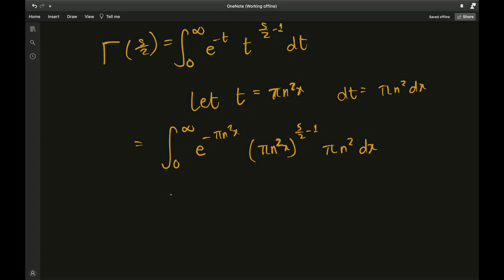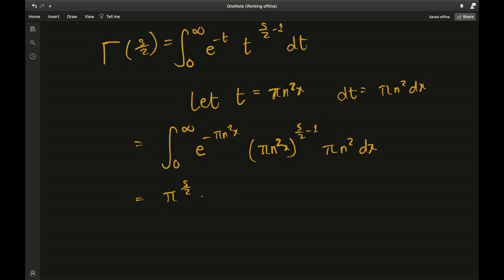Now what I'm going to do is take out the constant terms. So we have this pi to the s over 2 minus 1 and a pi, which will give us a pi to the s over 2, and we have this n squared to the s over 2 minus 1 times n squared.